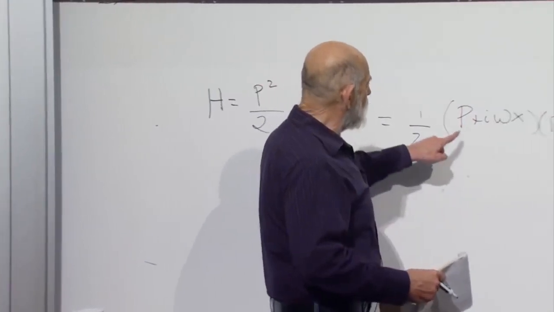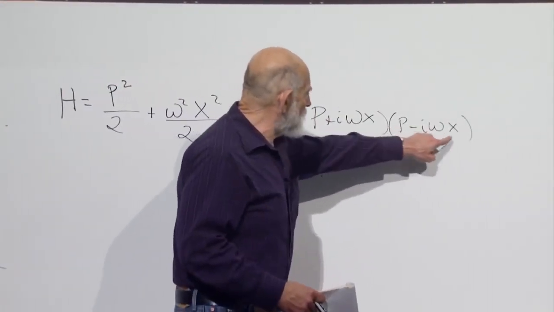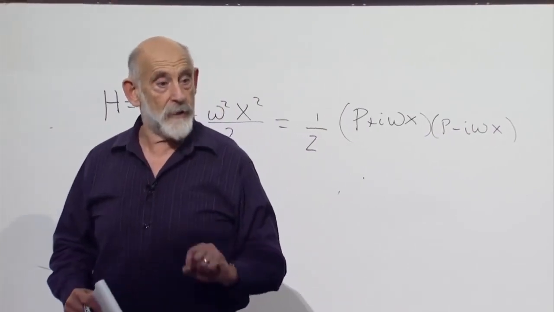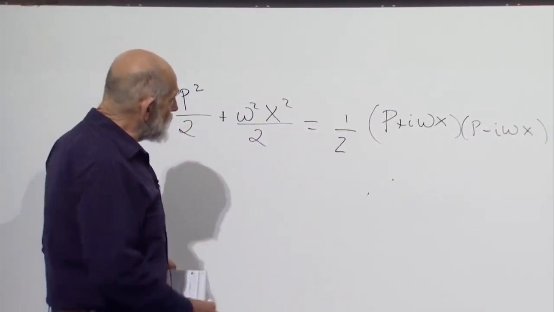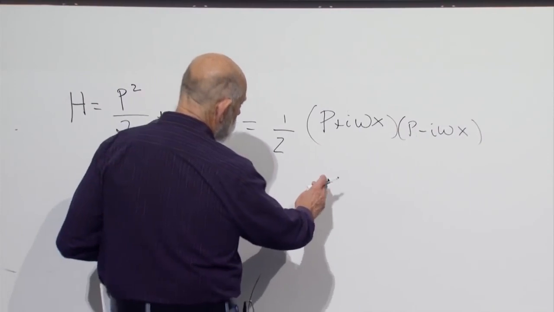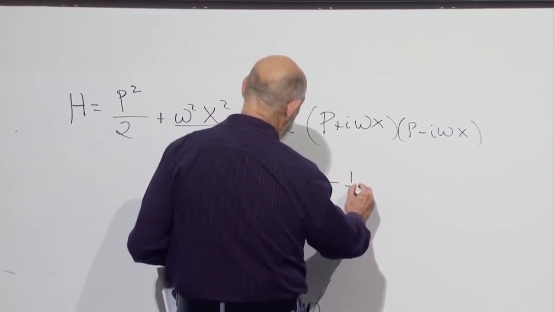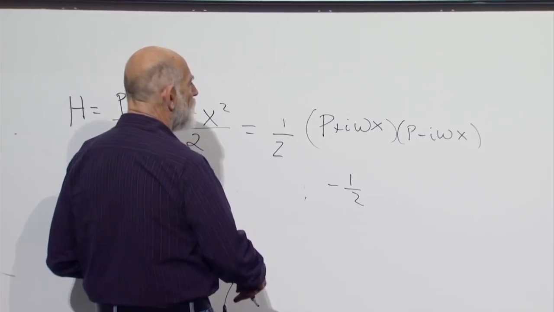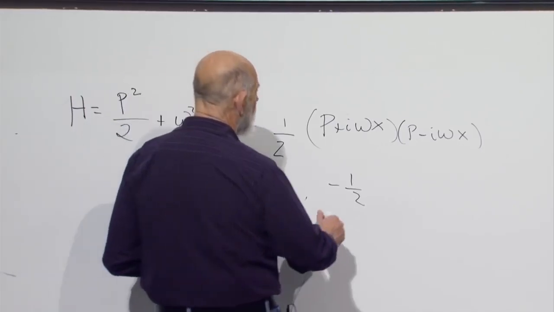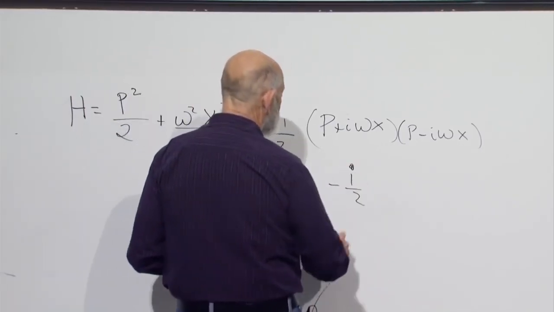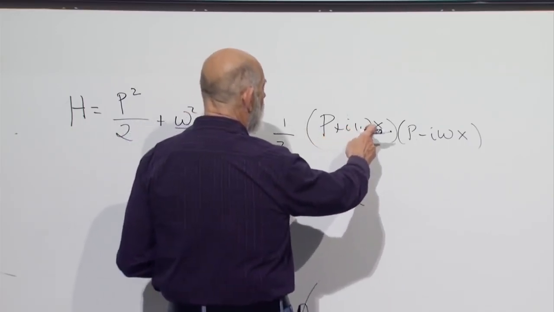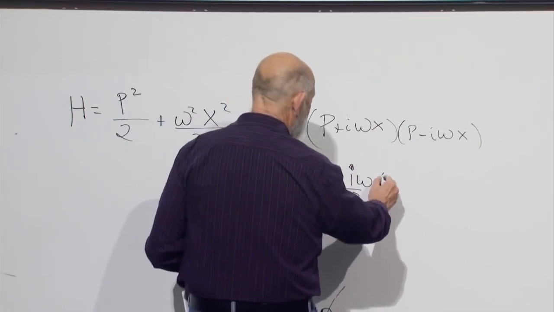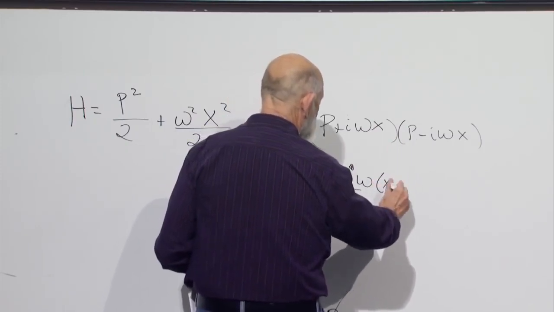No, because there's a term p times x and x times p, but they don't cancel because x and p don't commute. So let's see. What do I have to subtract here? I have to subtract minus 1/2 from here. And then I will have omega times x times p minus p times x.